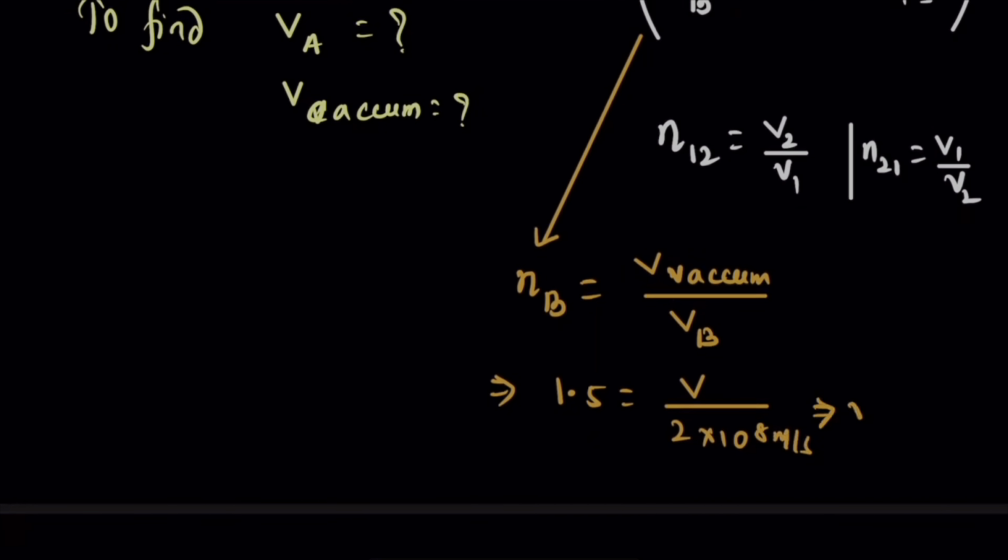So after solving, V will come as 3 into 10 to the power 8 meter per second, which is the speed of light in vacuum.